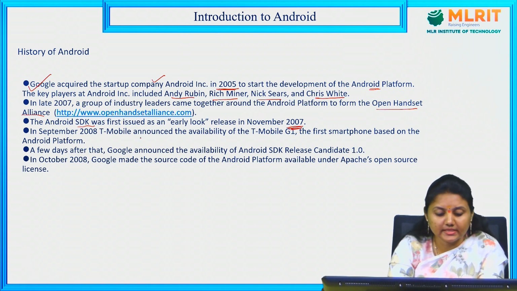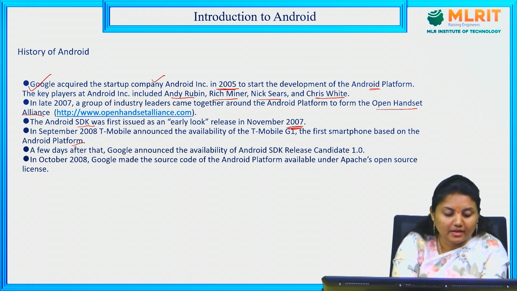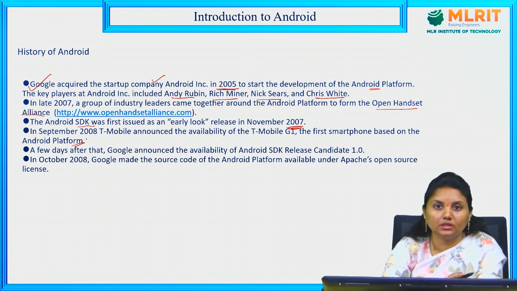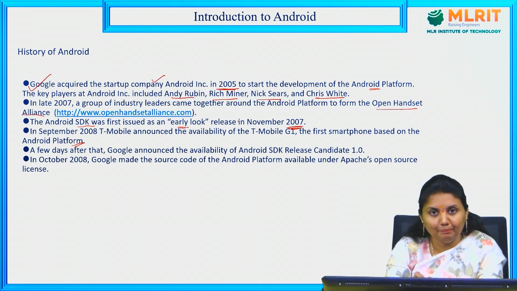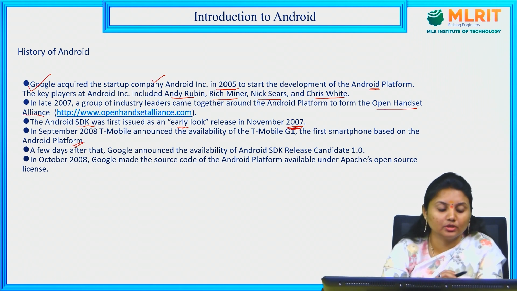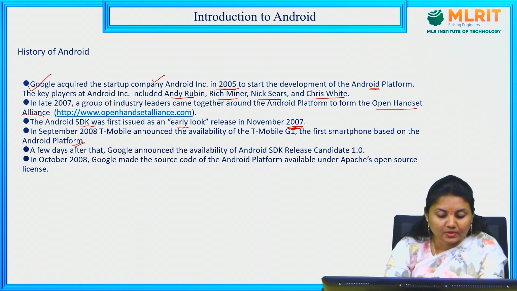In 2008, T-Mobile announced the first smartphone based on the Android platform. So in 2008 we got the first Android phone. A few days after that, Google announced the availability of SDK release candidate 1.0.